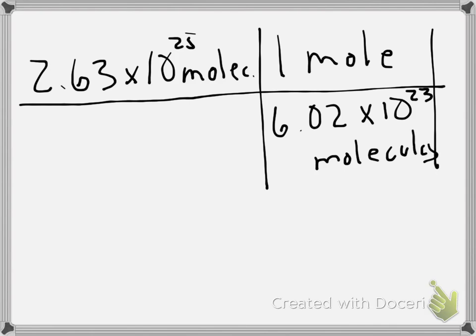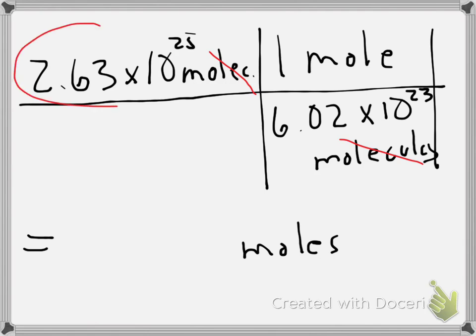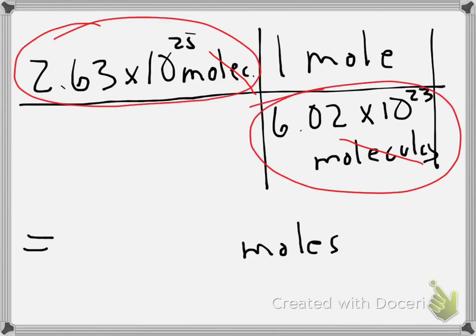And now when we go to do this, it looks like molecules will cancel, and this will then give us moles. So it appears that we have to take 2.63 times 10 to the 25th molecules and divide it by 6.02 times 10 to the 23rd.